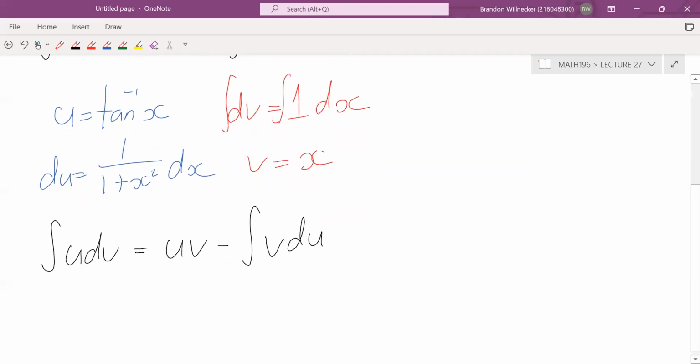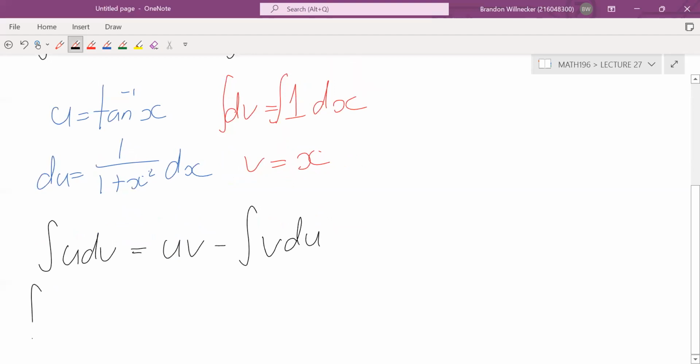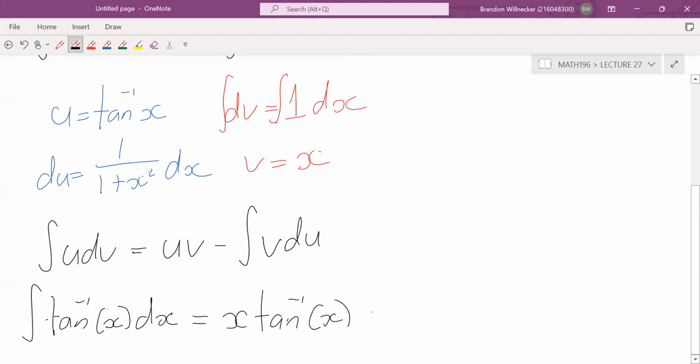We substitute in. u dv is just what we started with, tan inverse of x dx. u times v is going to be x times the tan inverse of x minus the integral of v du. That's going to be x over 1 plus x squared dx.